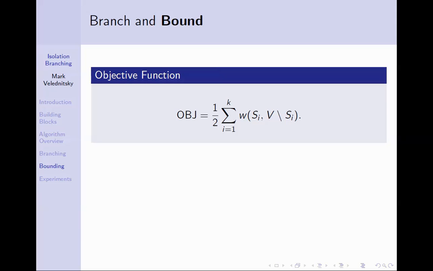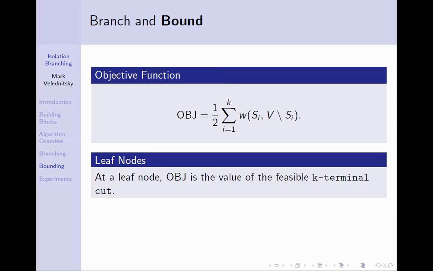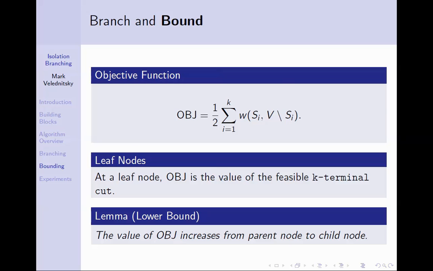When we do this, it's clear that this value at a leaf node is the value of a feasible K-terminal cut. And further, one can show the useful lemma that this value increases when you go from a parent node to a child node.